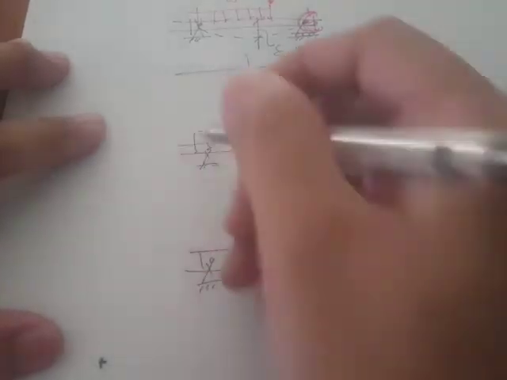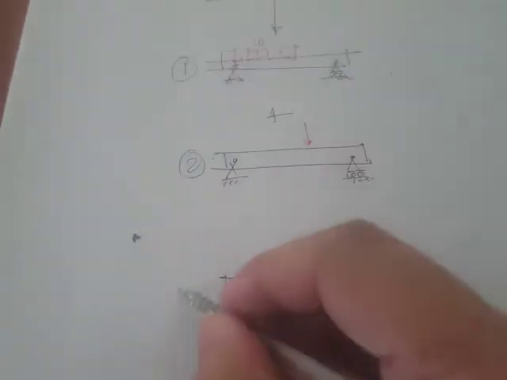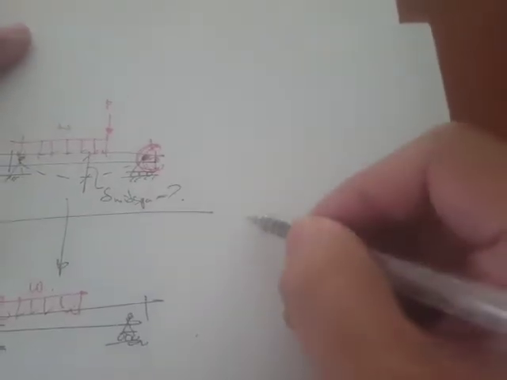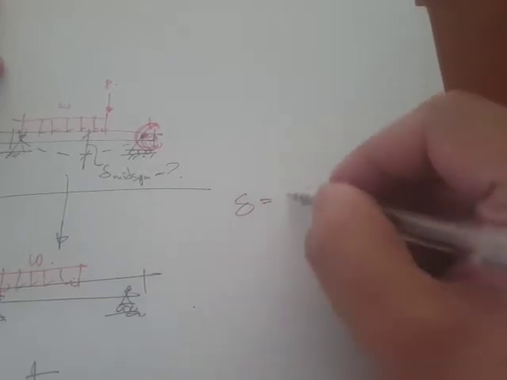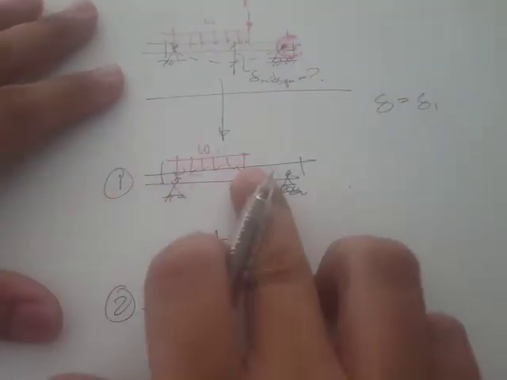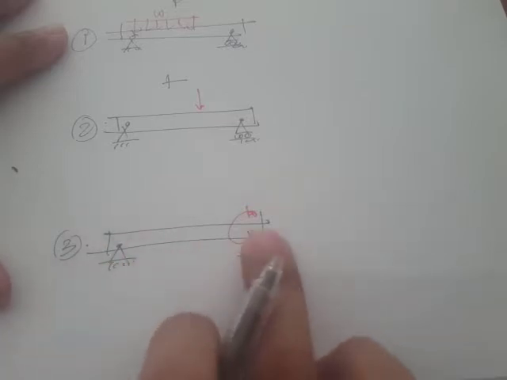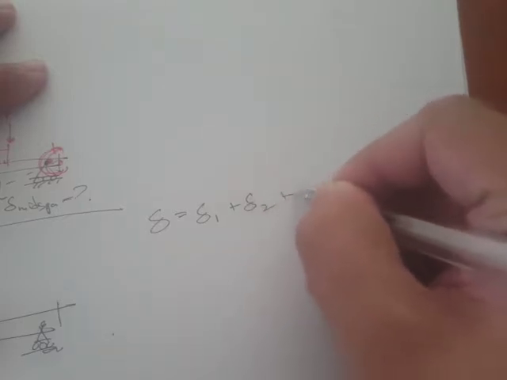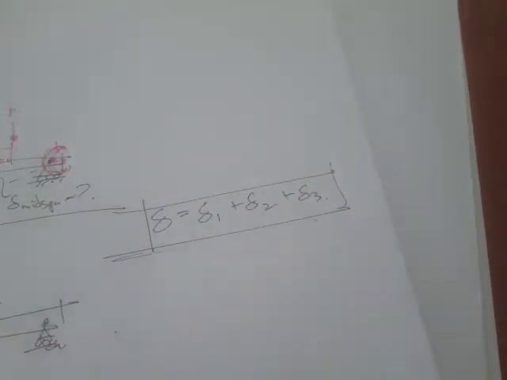Let's say this is our beam 1, this is our beam 2, and this is our third beam, and this is our original beam. So the deflection is simply equal to the deflection produced by the distributed load, plus the deflection produced by the concentrated load, plus the deflection produced by the concentrated moment. That's how it works, and that's the concept of the superposition method.